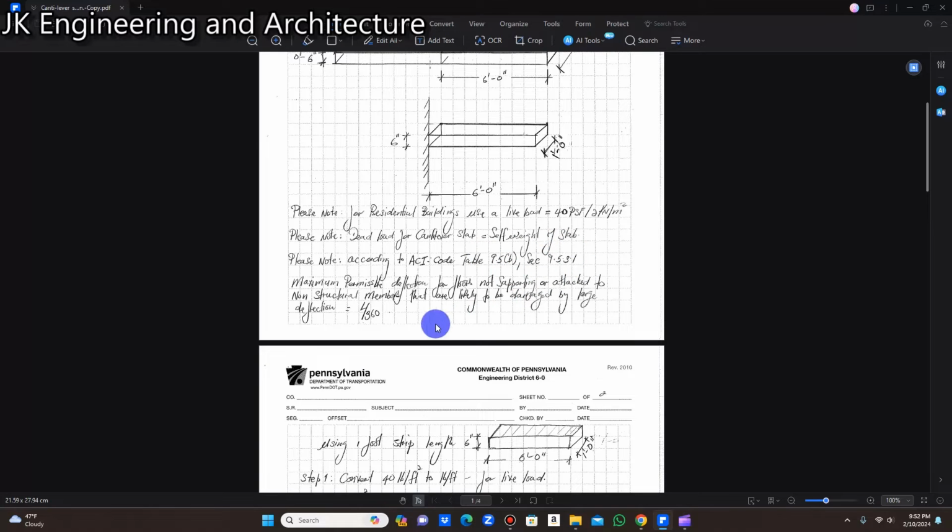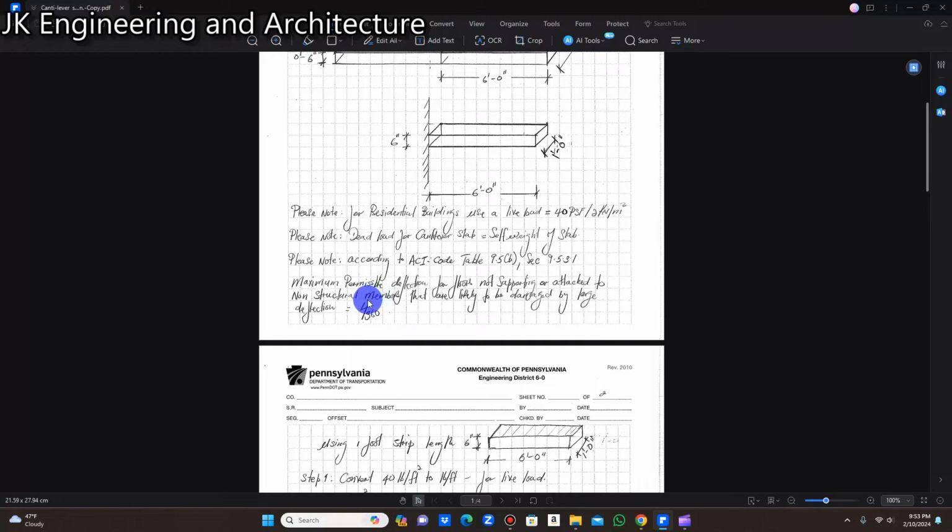Okay? So the code, Table 9.5(b), Section 9.5.3.1, says that the maximum permissible deflection for floors not supporting or attached to non-structural members that are likely to be damaged by large deflection is L over 360.